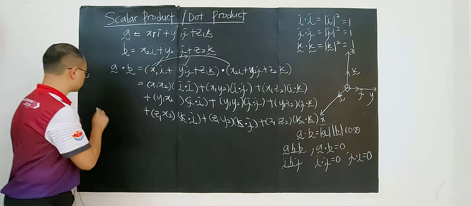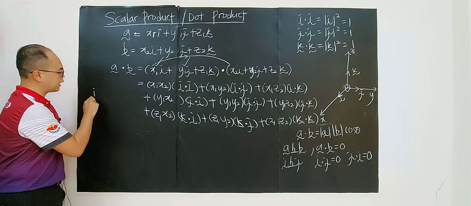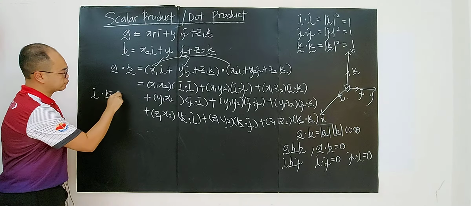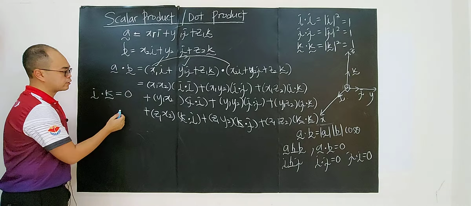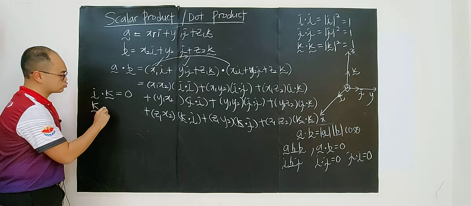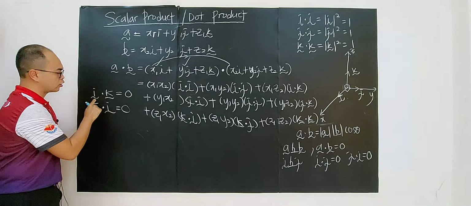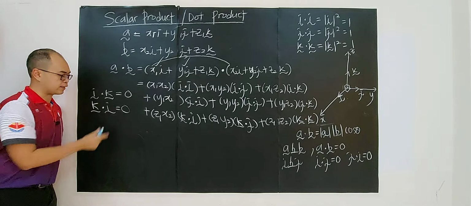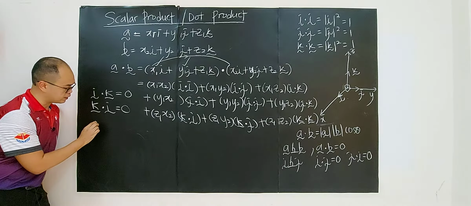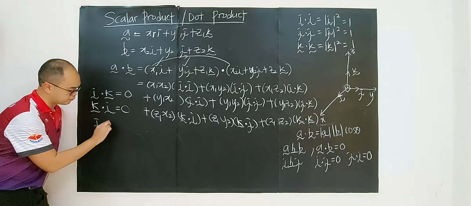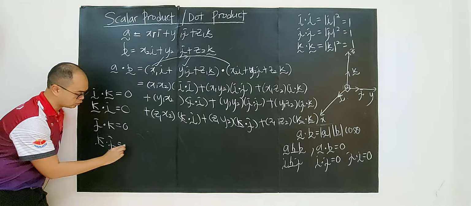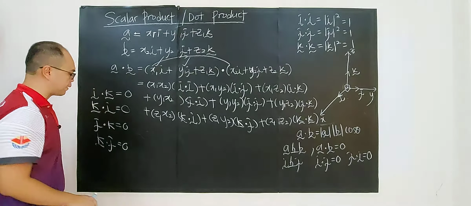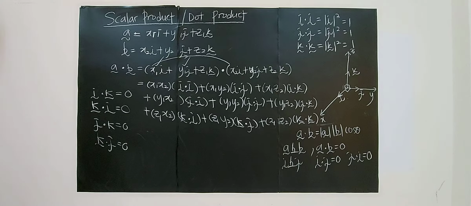The same if I take i dot k: the x-axis and z-axis are perpendicular to each other. A dot b is equal to b dot a. Another one, j dot k is also 0, and k dot j is also 0. As long as two vectors are perpendicular to each other, the result is 0.